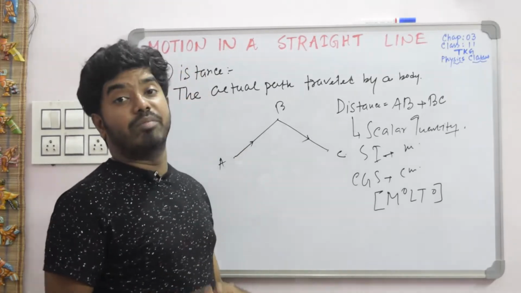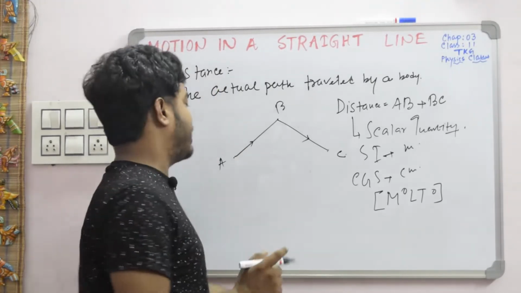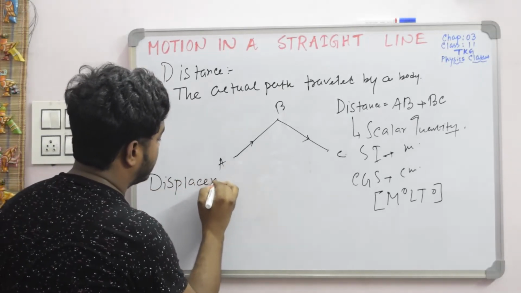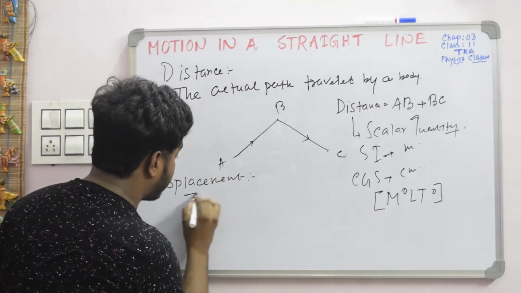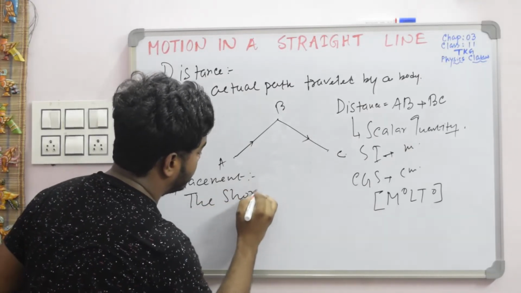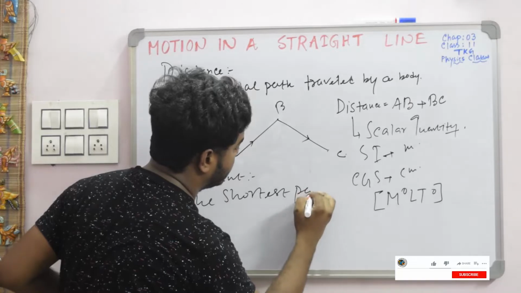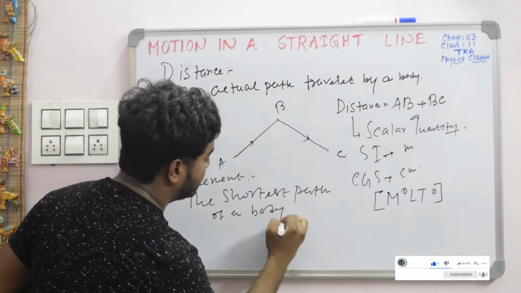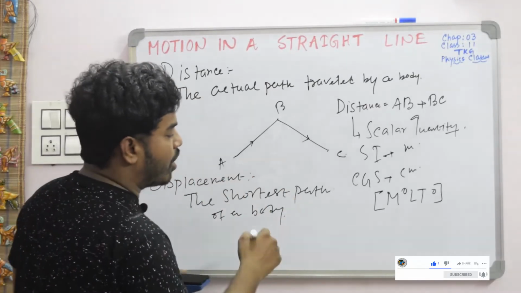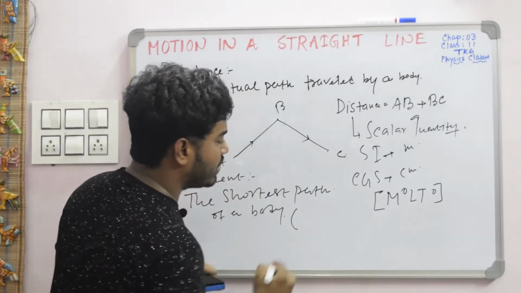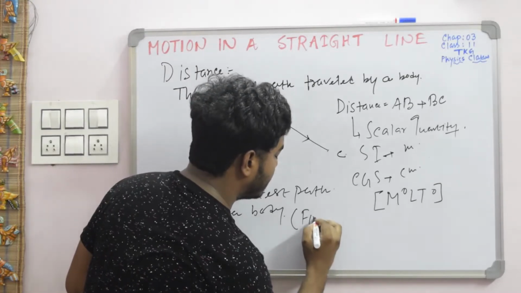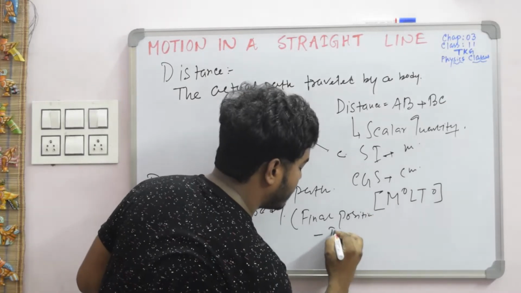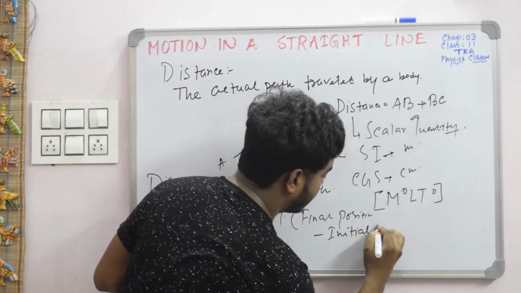Now what is displacement? Displacement means the shortest path of a body, and the formula for calculating displacement is final position minus initial position.